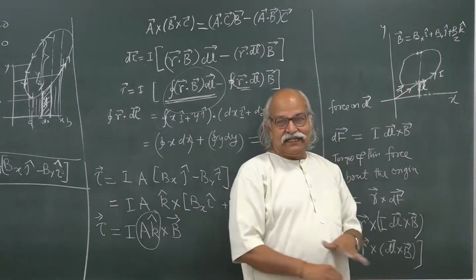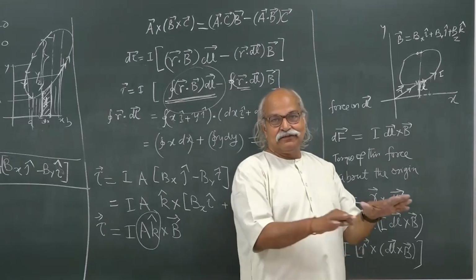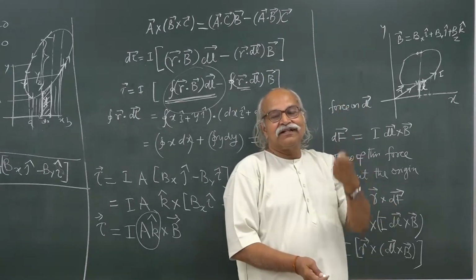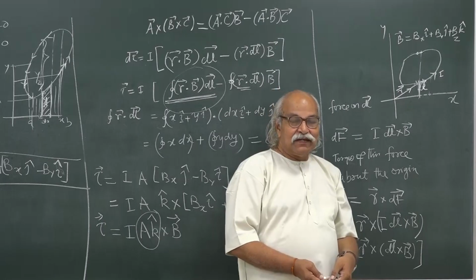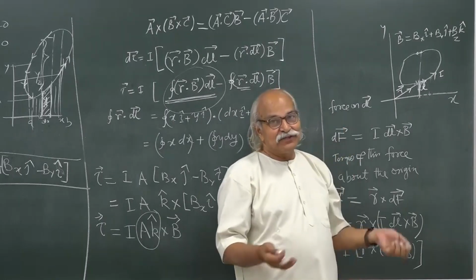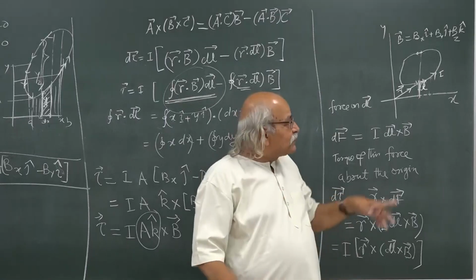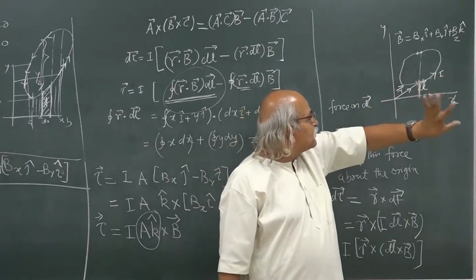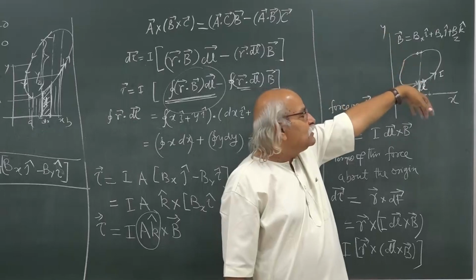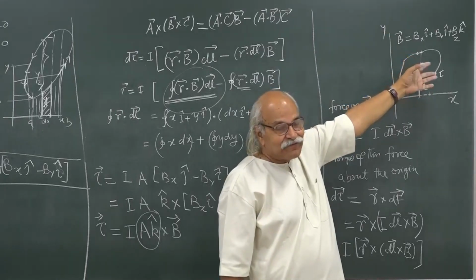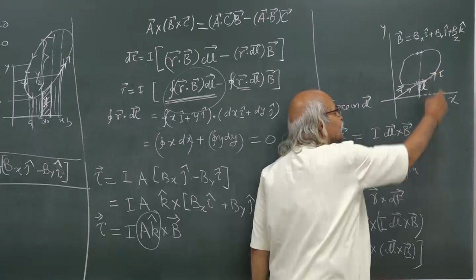If it is a plane area, very simple. You just take the perpendicular, the area vector will be along that perpendicular and the magnitude will be equal to the actual magnitude of the area. But the perpendicular could be in this direction or the opposite direction. Which one? This arrow will decide.